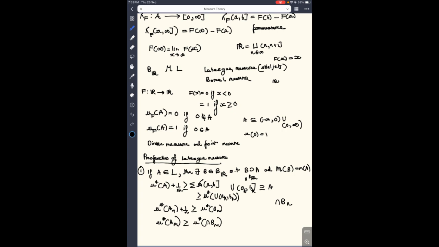Each B_n was in the Borel sigma algebra, so the intersection is also in the Borel sigma algebra, and A_n was in L. Actually we didn't need n in there. For any set in X, the outer measure can be obtained from that of elements in the Borel sigma algebra.